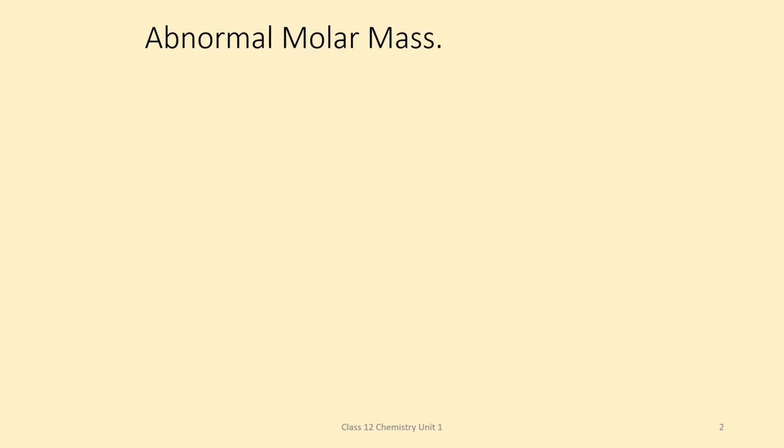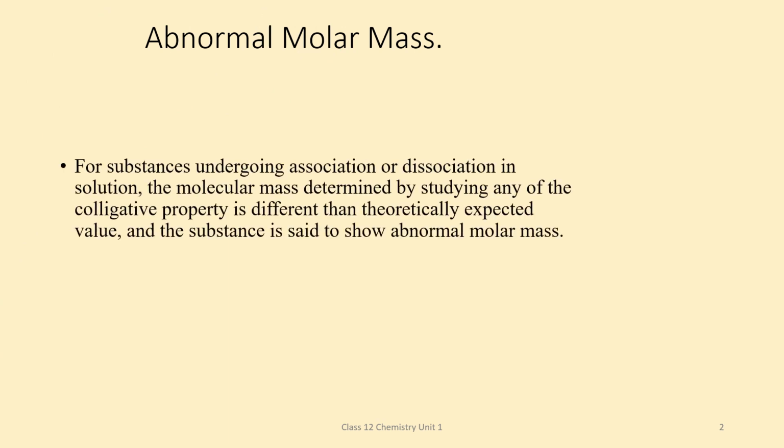Abnormal molar mass. For substances undergoing association or dissociation in solution, the molecular mass determined by studying any of the colligative properties is different than the theoretical expected value, and the substance is said to show abnormal molar mass.